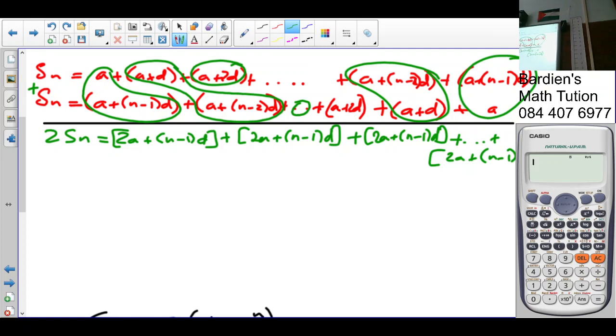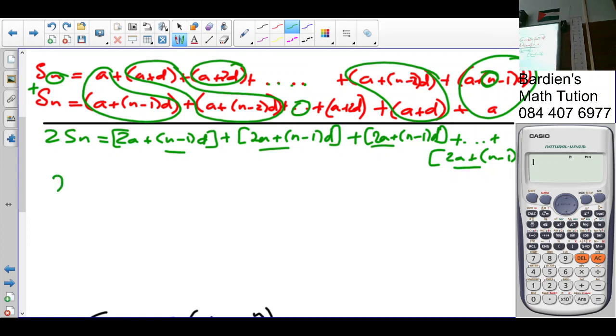What do these dots between it mean? It carries on till the last term, the second last term, and the third last term. So the number of terms between it depends on how many terms there are in the sequence. How many terms are in the sequence? n terms. So how many times will this be repeated? n times.